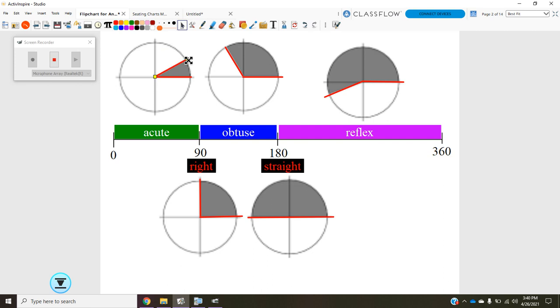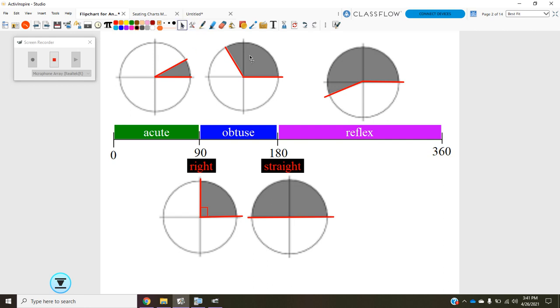That's acute. Coming down lower, a right angle is where the door opens to exactly 90 degrees. A lot of times you will see a little square in the corner of a 90-degree angle so that you know that it's 90 degrees and not like 89 or 91, because they might look the same to you.